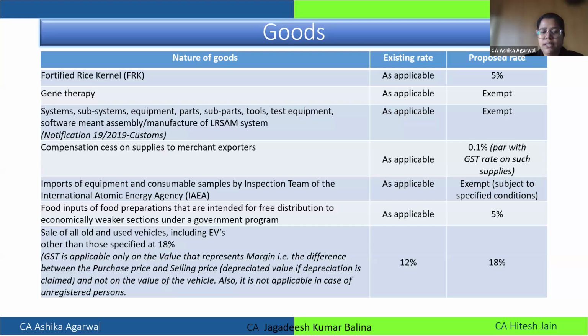So here even the sale of old or used vehicles, including EV, they have said GST will be applicable, and they have given a margin base, meaning sales price minus purchase price. So earlier also GST was applicable. The only thing is currently the rate has been increased from 12 to 18%. So now a higher rate of GST will be applicable.